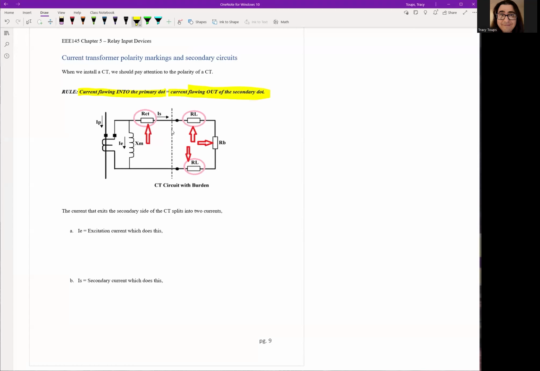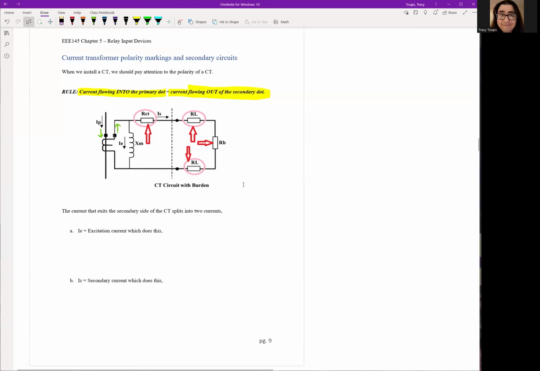Okay, so you can see if current is flowing into the dot here, this means current flows out of the dot on the secondary side. Okay, so all CTs are made this way, and then that current will flow in a loop to the relay and back to the CT negative terminal. Okay, so that's just dot convention. Remember, primary current flows into the primary dot, secondary current flows out of the secondary dot.